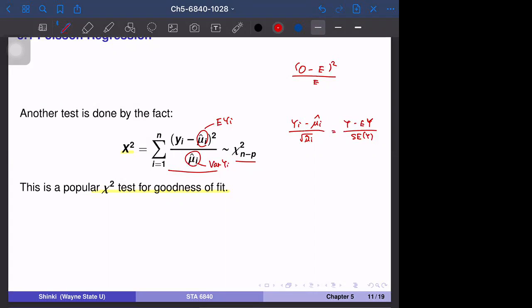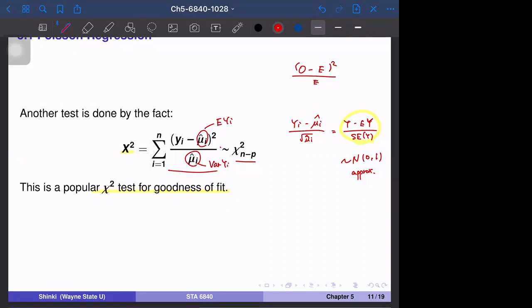Here we have the same thing. So y i is a count. If the count is large enough, then this is approximately normal 0, 1. This is just an approximation, but if we use this approximation, basically a normal squared is chi-squared. So the summation of these follows a chi-squared distribution.